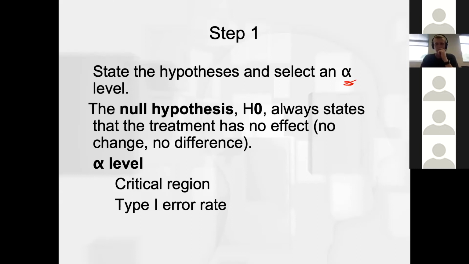And so our null hypothesis, abbreviated H0, always states that the treatment has no effect, no change, no difference, etc. So if I want to see if texting has a negative impact on driving, the null hypothesis would be that texting has no effect on driving. And we'll go over the alternative hypothesis in just a minute.